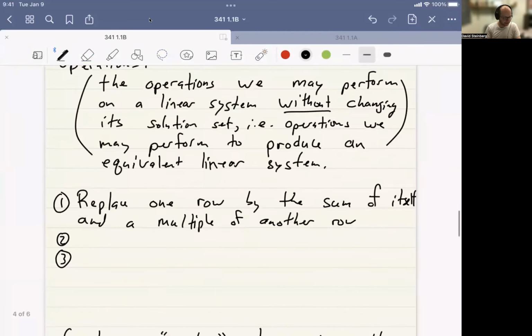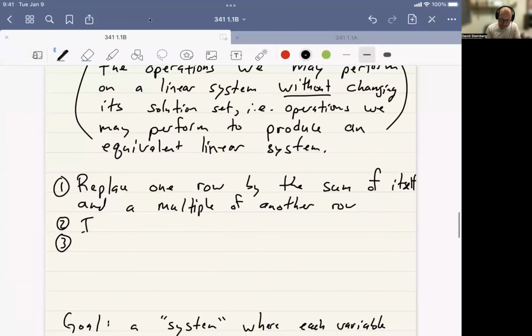So what else can we do? We're allowed to interchange rows, and this one we didn't actually use, but we can interchange any 2 rows. And surely that doesn't change the solution set. And then finally, we're allowed to multiply all entries of a row by some non-zero constant.